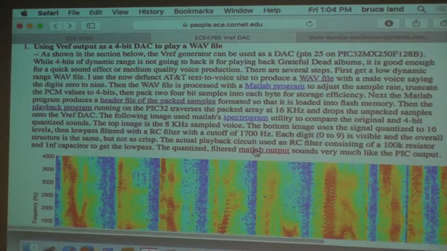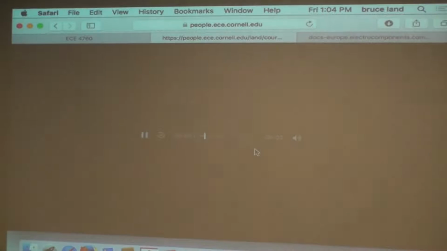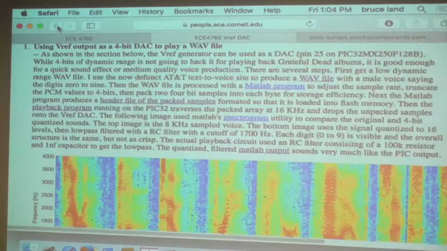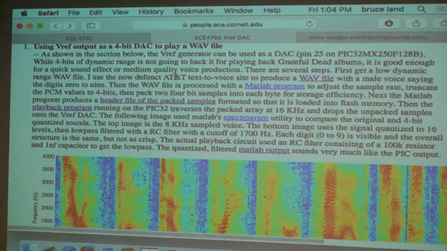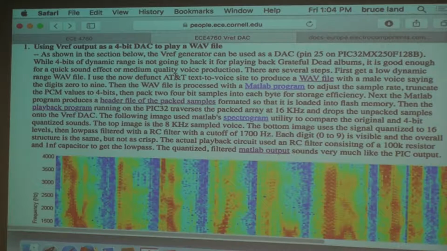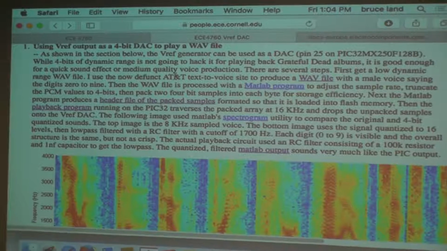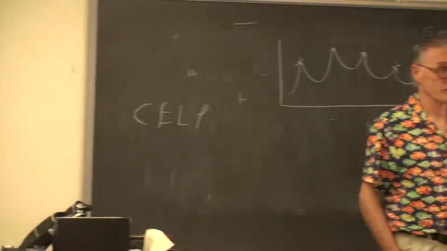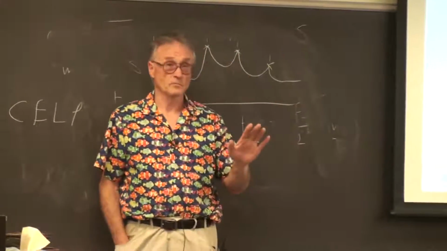This is what it sounds like. 0, 1, 2, 3, 4, 5, 6, 7, 8, 9. So it's a little scratchy, a little bit harsh, arguably more human sounding than the synthesis. And there's more bits there. It's only 2-to-1 compression rather than 8-to-1 compression.